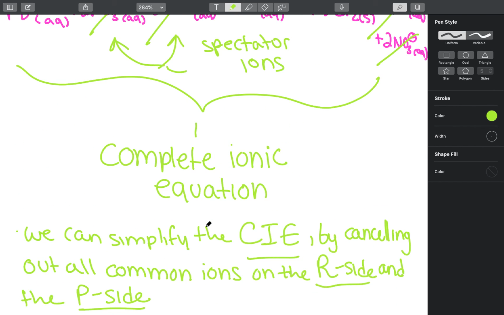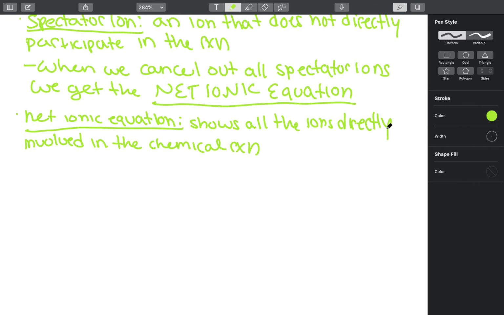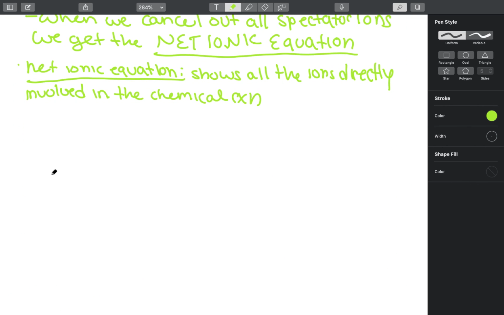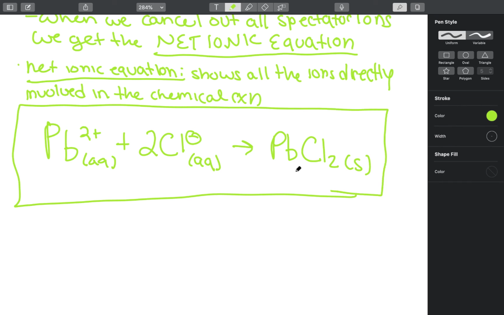So when we take out all of those common ions from the complete ionic equation, we get the net ionic equation. And when you do that, you will get the lead 2 ion plus the 2 chlorides going to lead chloride. And this is your net ionic equation.